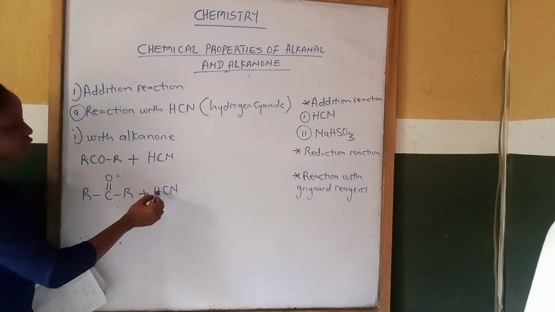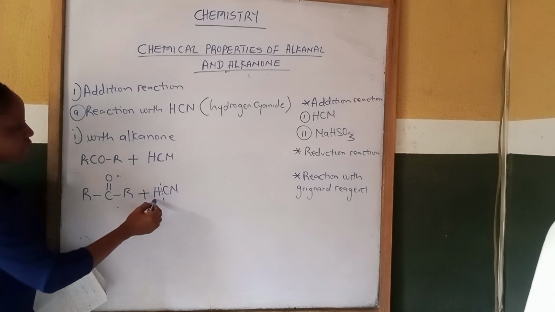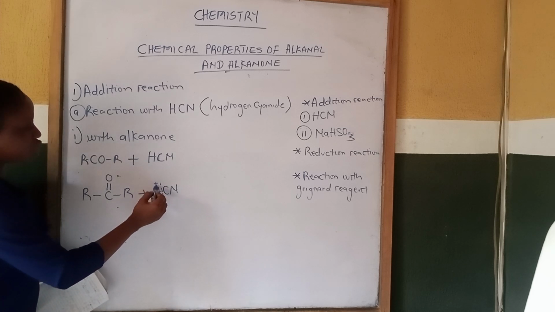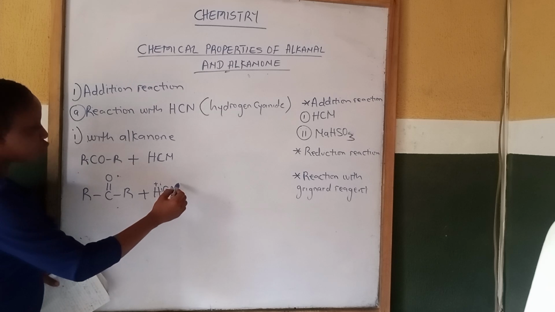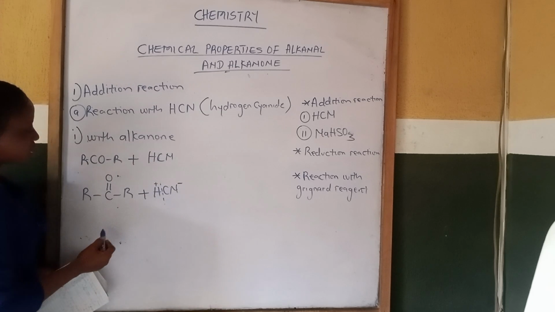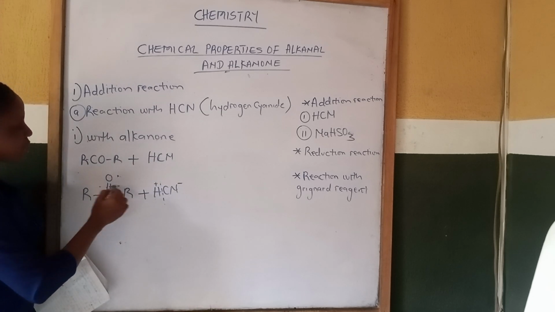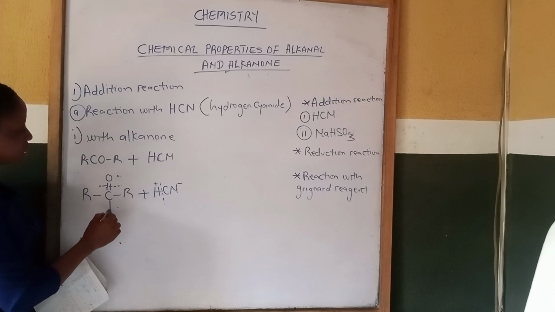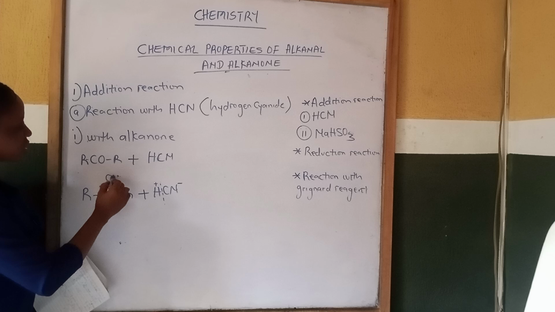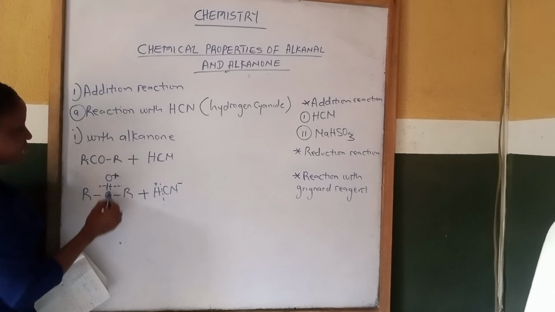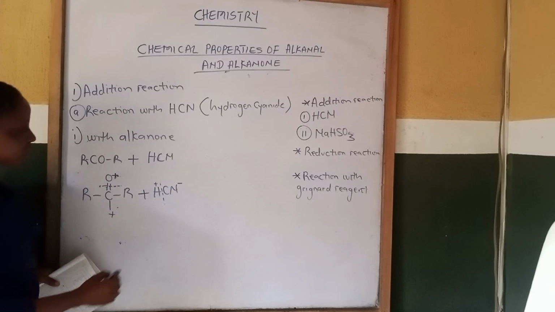So the hydrogen cyanide will decompose to hydrogen and cyanide. Hydrogen is positive, then cyanide is negative. Then the double bond will break, so one of the bonds will come down. Oxygen is negative now, so this side will be positive.